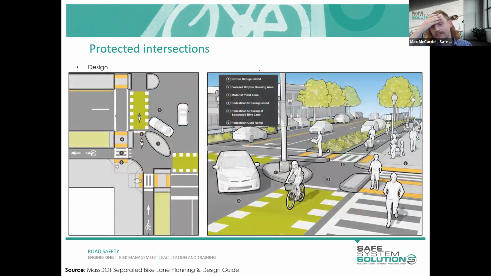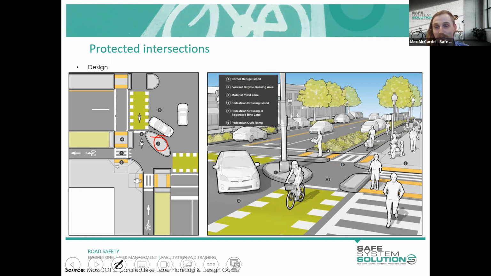This is what has been taken from that document that I alluded to at the start. It is American, so it's not the exact same terminology that we use here, but it does provide a pretty good resource to classify different features associated with a protected intersection. Our first, number one there, is the corner refuge island that I've been talking about. That's essential to provide that offset.